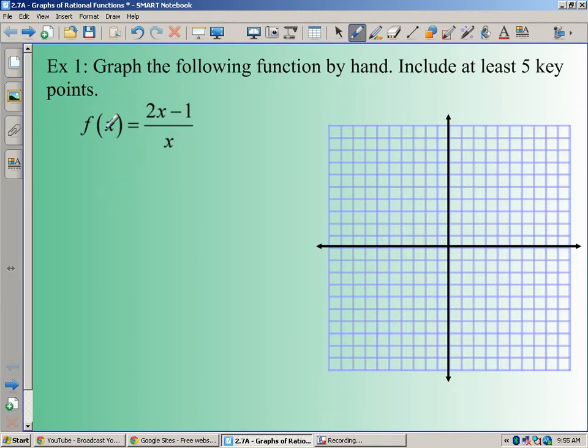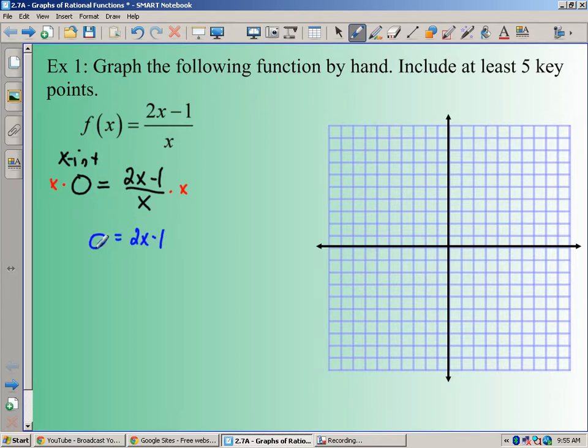So let's start with the x-intercepts. We're going to set this equal to 0, because remember, for x-intercepts we're crossing the x-axis, so that's where y is 0. So 0 equals 2x minus 1 over x. I'm going to solve algebraically. I'm going to multiply both sides by x, which gives me 2x minus 1 equals 0.